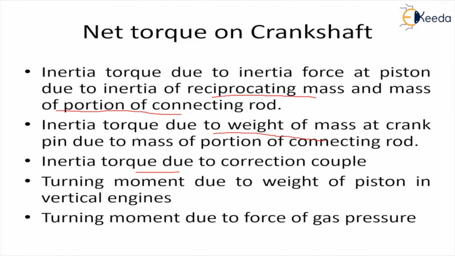Then the inertia torque due to the correction couple, the turning moment because of the weight of the piston in case of vertical engines, because everything comes on the crankshaft, and the turning moment due to the force of the gas pressures. Now the net torque on the crankshaft is the algebraic sum of all these factors. This is only for vertical engines. So this is how we find the net torque on the crankshaft, and depending upon whether the sense is clockwise or counterclockwise, the signs get changed, and this is how we can find the net torque or the total turning moment.